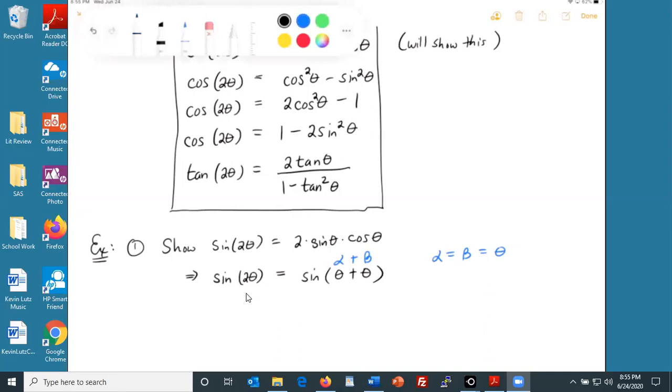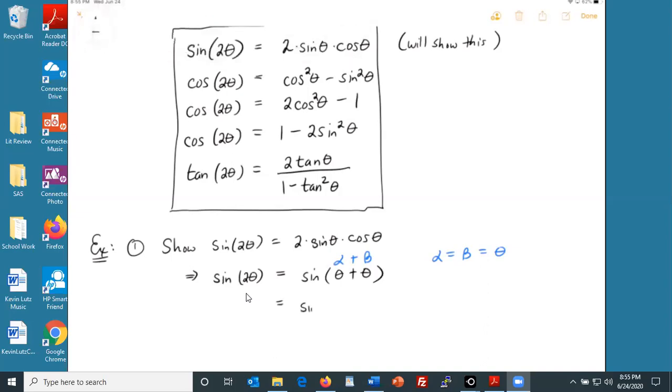This is the case where alpha equals beta, and they're both theta. If we go back to the sum and difference formulas, this is the sine of alpha plus beta. So that would be the sine of alpha, which is theta, times the cosine of beta, which is theta, plus the cosine of alpha, which is theta, and the sine of beta, which is theta. You notice we have two of the same things, a sine cosine and another sine cosine.